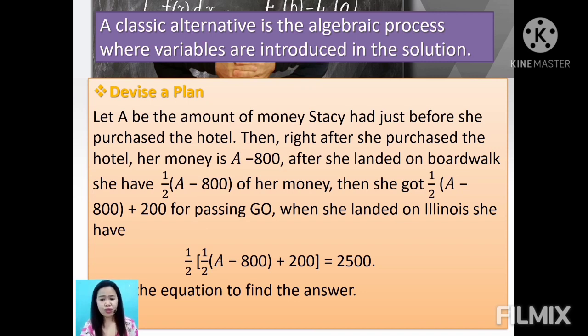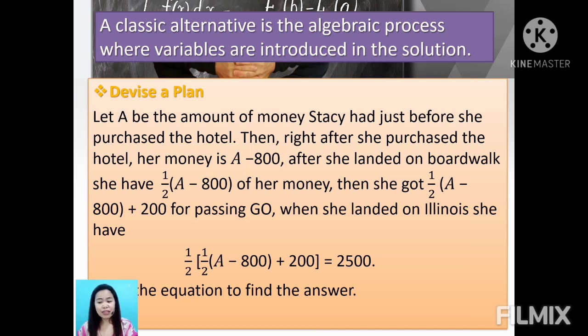After she landed on Boardwalk, she has 1/2 of A minus 800, because only half of her money was left. And then, when she passed Go, she was given 200. So we have 1/2 times A minus 800, plus 200.